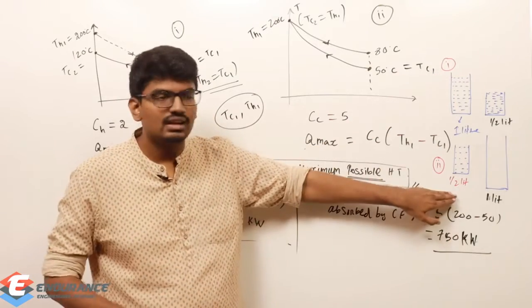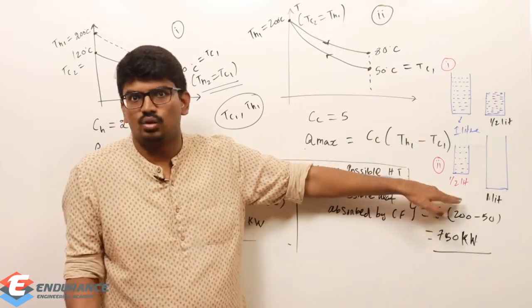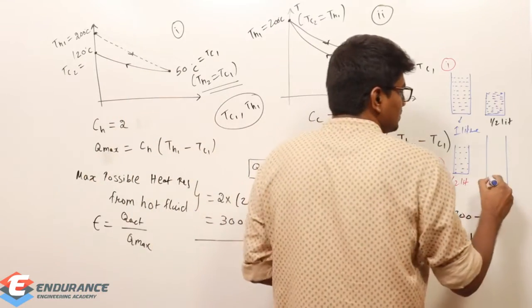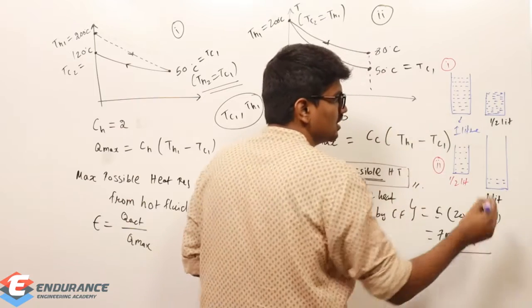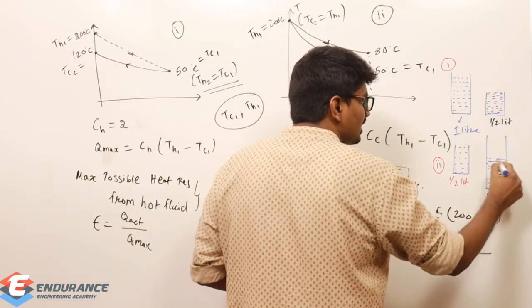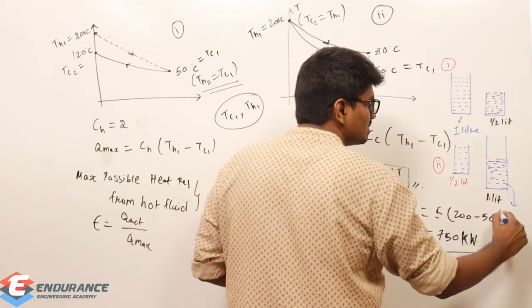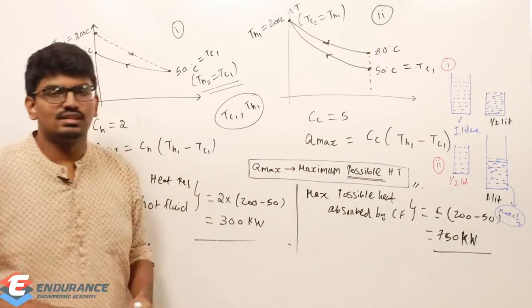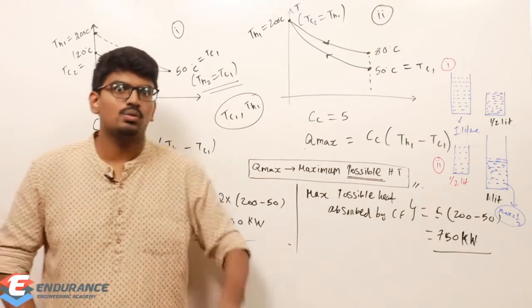If I have only half a liter of water, obviously I won't be able to fill 1 liter. I can fill some 0.2 liters, maybe 0.3 liters, maybe 0.4 liters, or maximum half a liter only. That is the point I want you to understand.